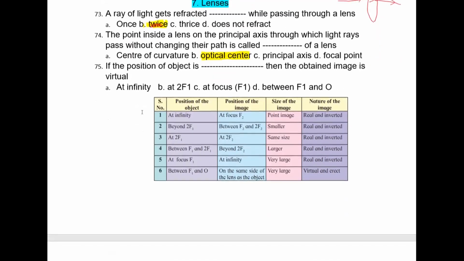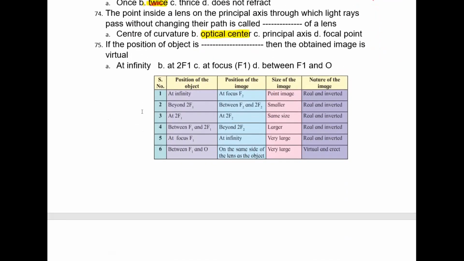Next question. If the position of an object is dash, then the obtained image is virtual. We know that when a virtual image is forming, here see the last one, virtual and erect.